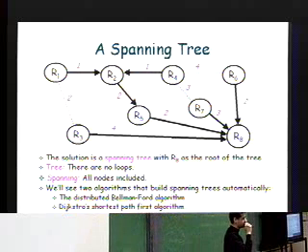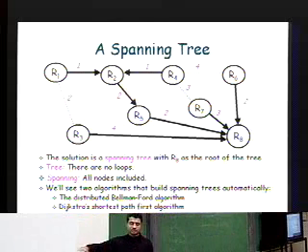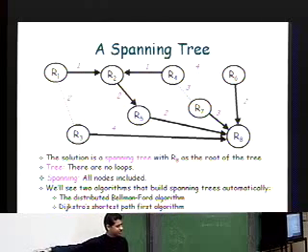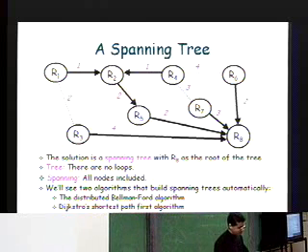Well, if you know the cost of the network, then you know the spanning tree cost. So if you know the costs of the network, then you use Dijkstra's shortest path algorithm. If you don't know the costs, then what do you do?